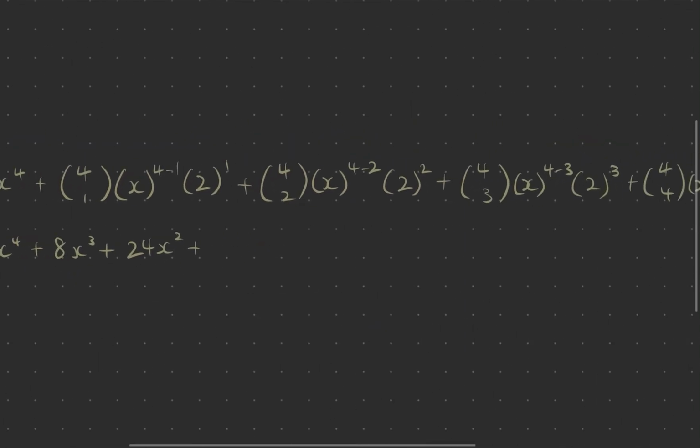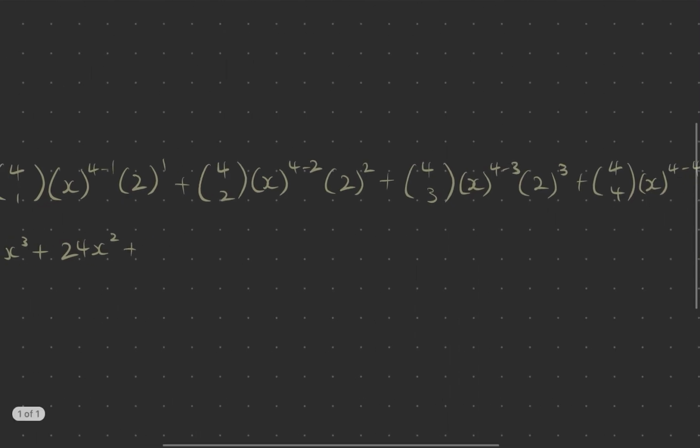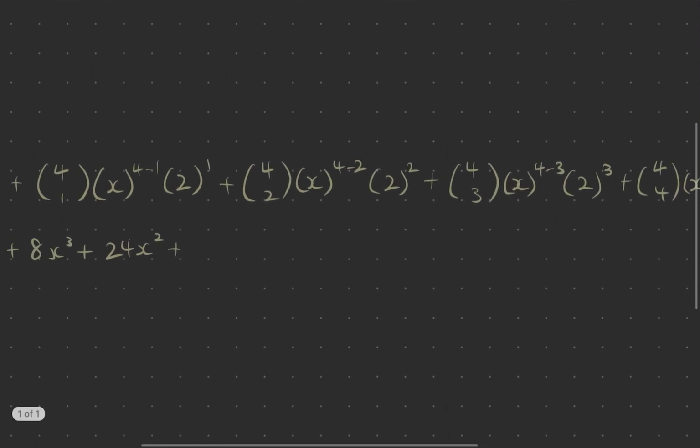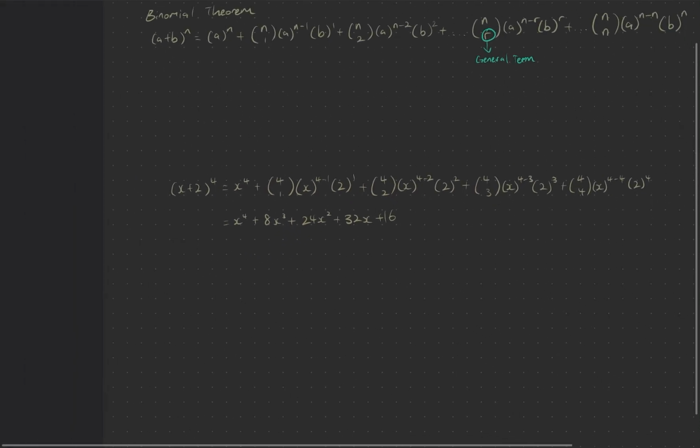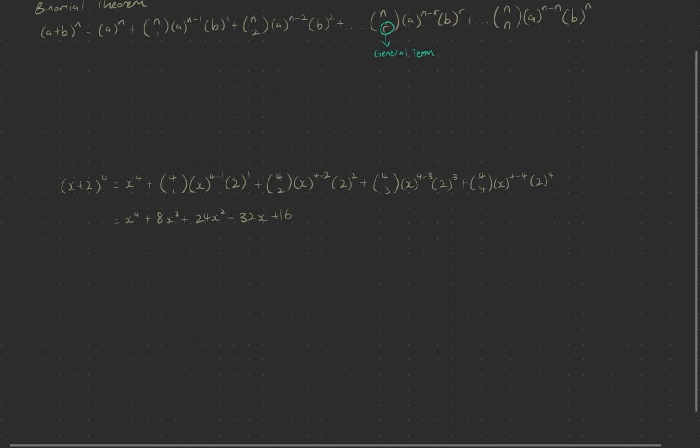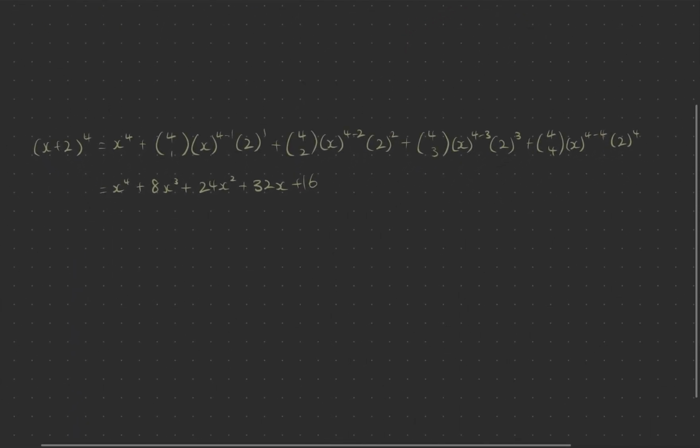Then following on, 4 choose 3 is 4, and 4 times 8 is 32, and then our variable is just x here. And the last term is just 16. So basically, this is just (x + 2)^4.